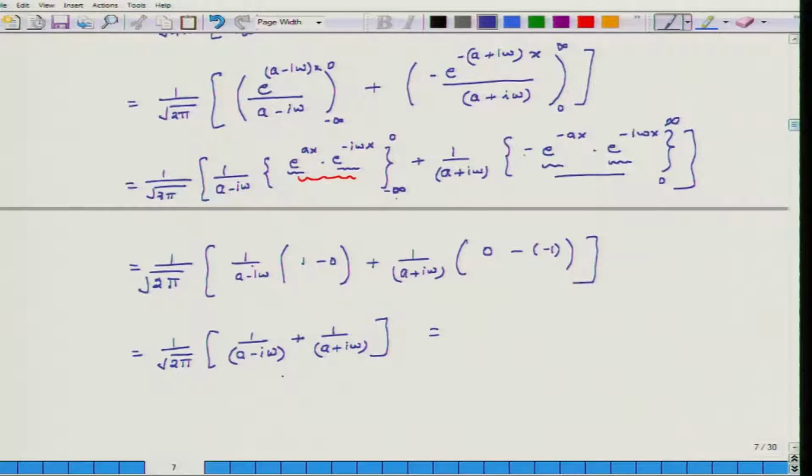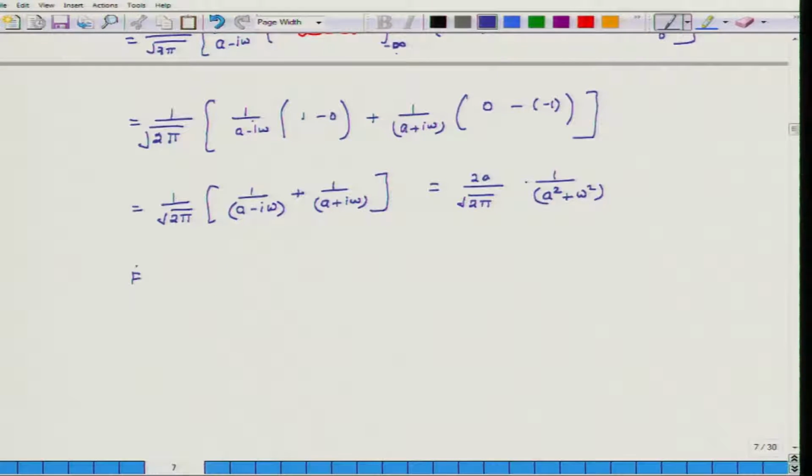So, what do we get out of here? If I sum them up, I get 2a over root 2 pi times 1 over a square plus omega square. Okay.